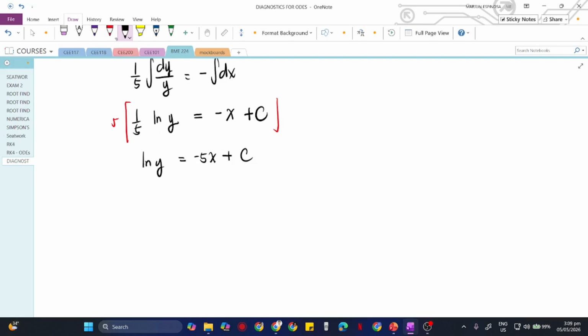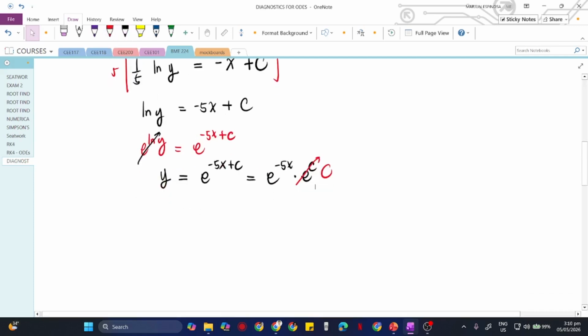Now we exponentiate both sides, which cancels the ln, leaving y equal to e raised to the power of negative 5x plus c. We can split this into the same base: e raised to negative 5x times e raised to c, and e raised to c is also a constant.